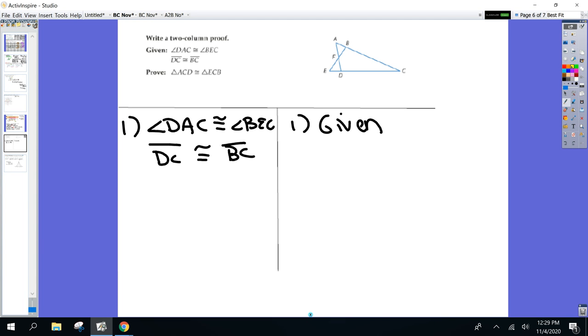And you guys doing your notes on the Chromebook, that shouldn't be an issue. You can just pick a different color to use for your stylus. You guys that picked up a packet or printed out the notes, if you have highlighters, colored pencils, use them. You only need 2 of them, 2 different colors. That's it. All right. Watch how easy this is going to become when I highlight them. So here's triangle ACD highlighted. And let's highlight triangle ECB.